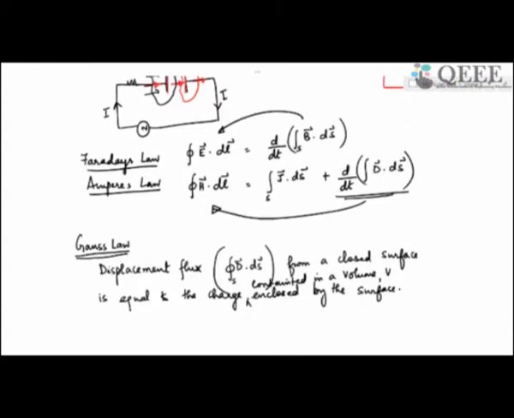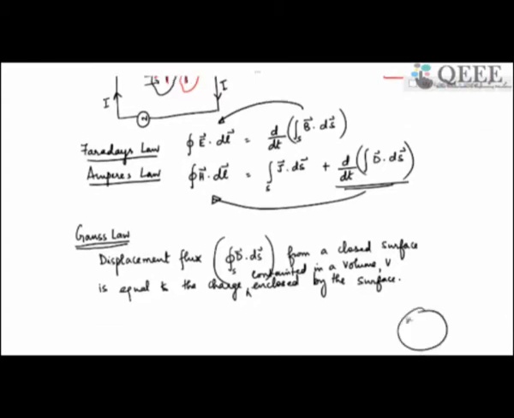Okay. So if I have a closed surface like that of a coconut, right, the net flux that is coming out of the coconut is equal to the charge contained in the volume of the coconut, which is enclosing that surface.